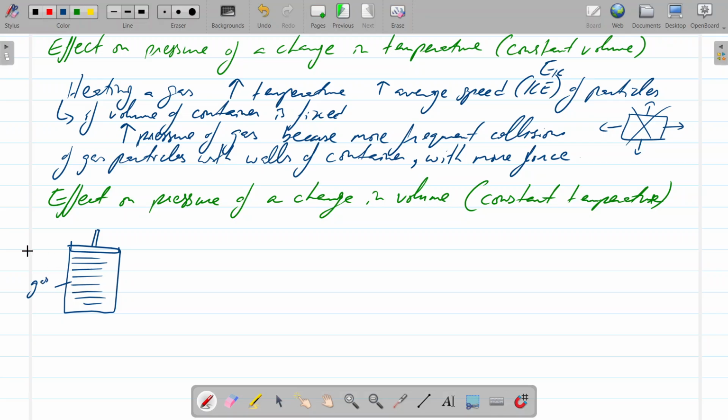Obviously, this whole thing is like volume 1. And obviously, the gas particles are spread throughout this container. What you're doing in this case is decreasing the volume.